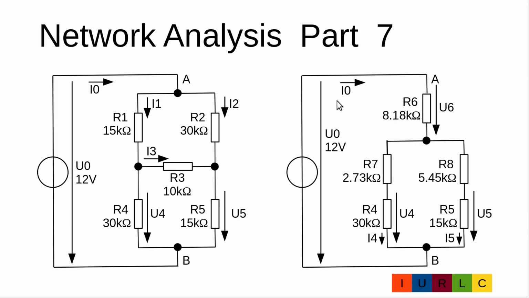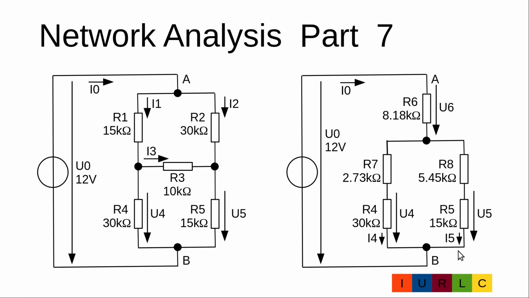Now we calculate the current I0, the voltage U6, the current I4 and the current I5. The current I0 is the voltage U0 divided by the total resistance. The voltage U6 is the current I0 multiplied by the resistance R6. The current I4 is the voltage U0 minus the voltage U6, divided by R4 and R7.